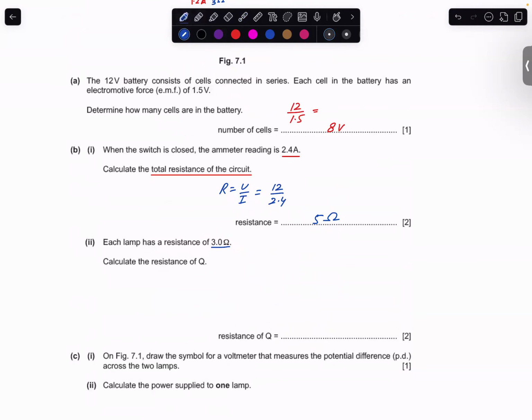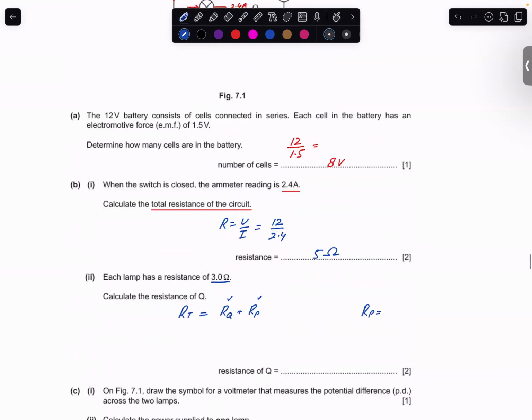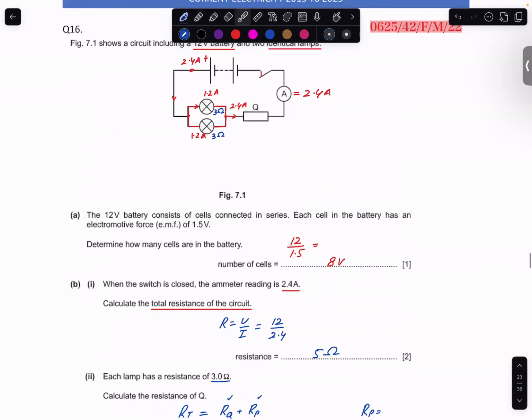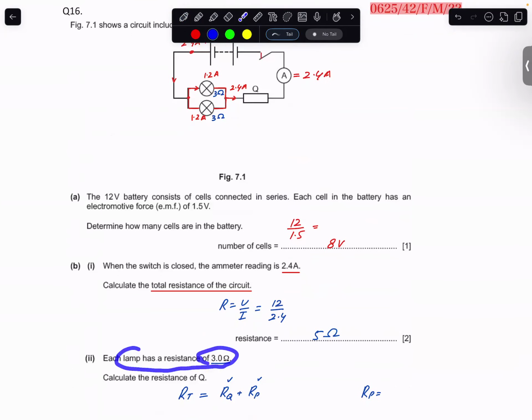So let me write a formula. R total, the total resistance of the circuit, will be equal to RQ plus R parallel, the parallel part of the circuit. This RQ is unknown, and RP we can easily find out. What is RP? RP is the resistance of the parallel portion. Both resistors are 3 ohm, as given in the information that each lamp has a resistance of 3 ohm.